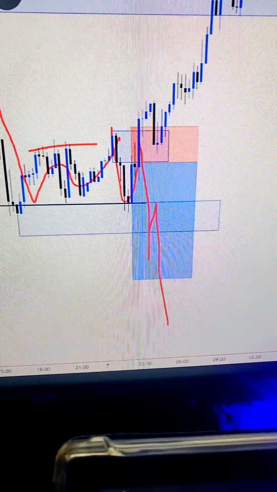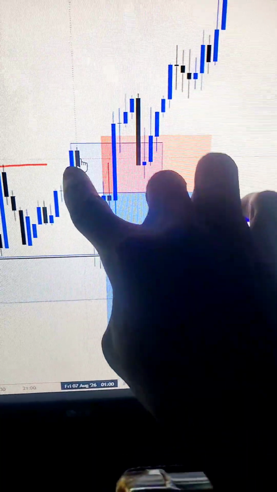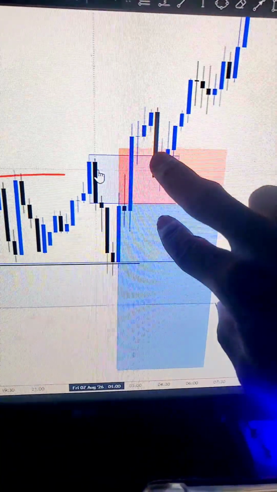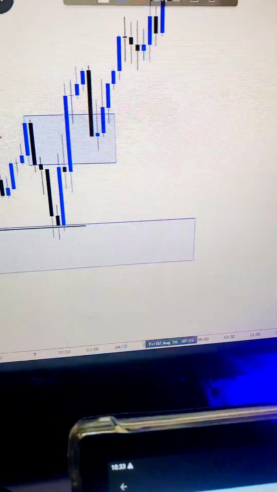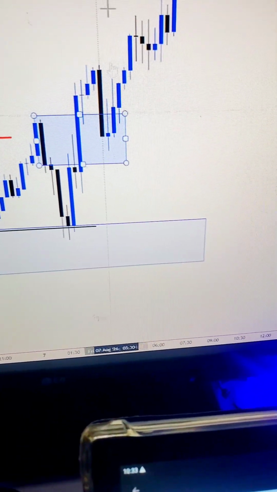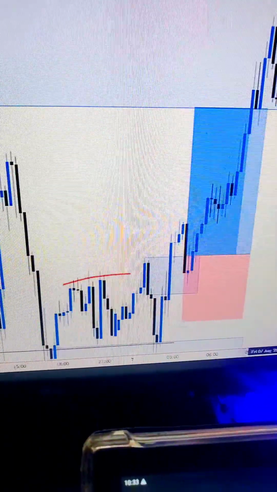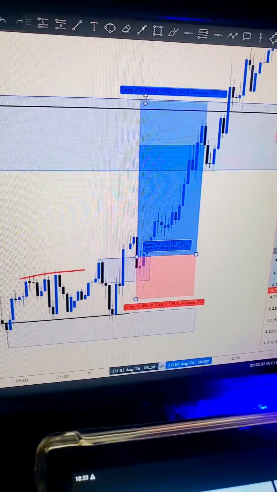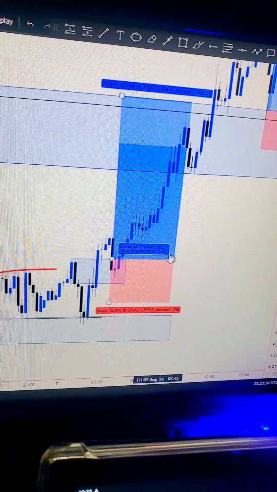Now if you know how to use QMC with all these criteria that you saw here, it was not supposed to be invalidated, but it was invalidated, meaning it will act as a demand in place of a supply. That's why you would have easily reclaimed your money. Your stop loss would have just been right below this place, and you would have bought. Boom. That's how you would have made your money back.